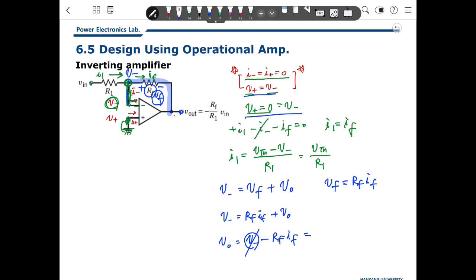So Vout is V minus minus RF IF, and V minus is 0. So this is 0, and minus RF IF, where IF is equal to I1, and I1 is Vin divided by R1.